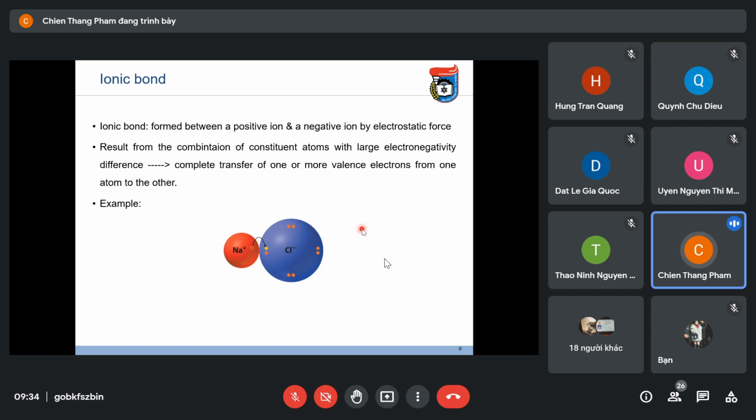Please remember the names of the ions: sodium cation, and chloride anion.